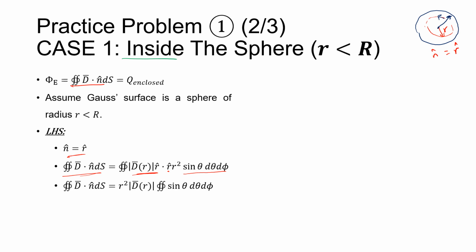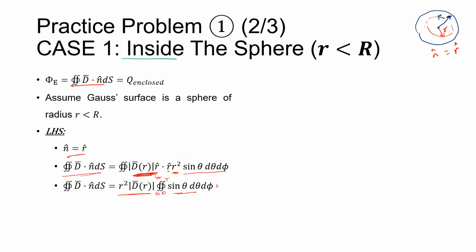Before that, all of these are constants, I mean r squared and this term also are constant, they don't depend on theta or phi, so we take them outside. Once we do this integration, we have two parts. We integrate from 0 to pi the sine theta d theta, and we integrate from 0 to 2 pi d phi.